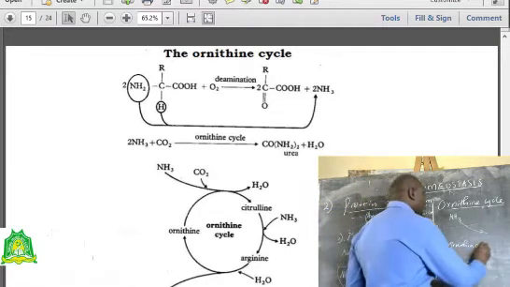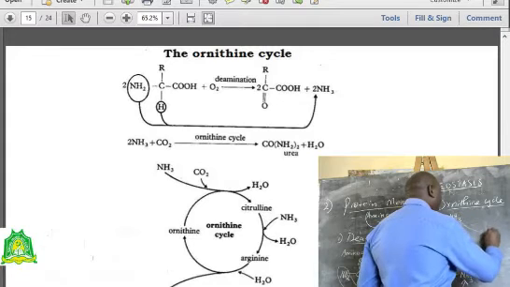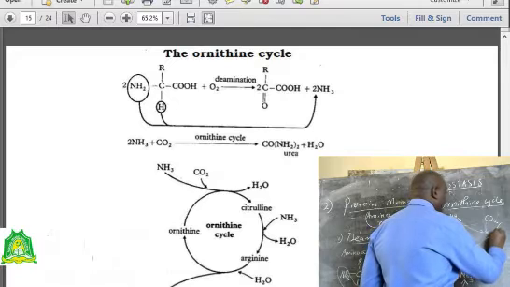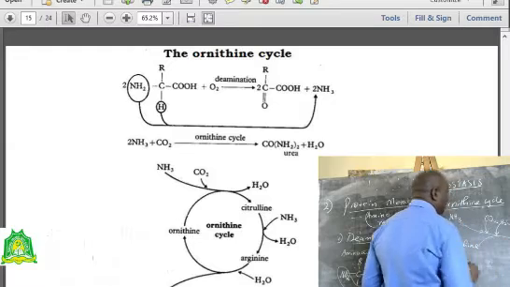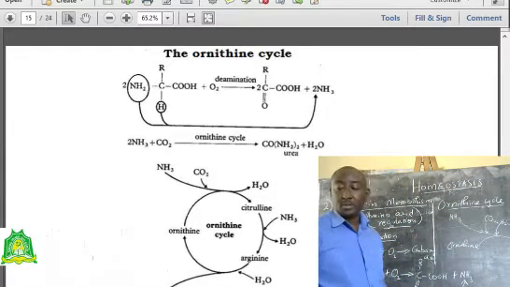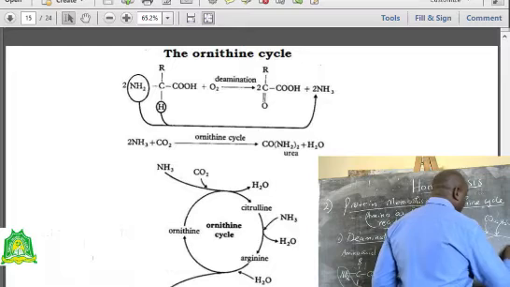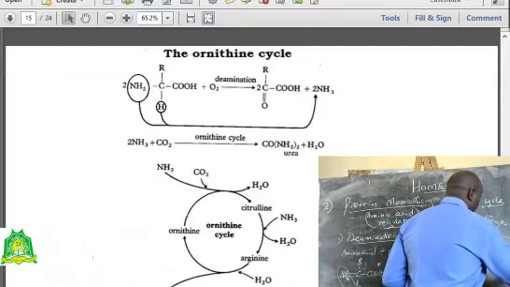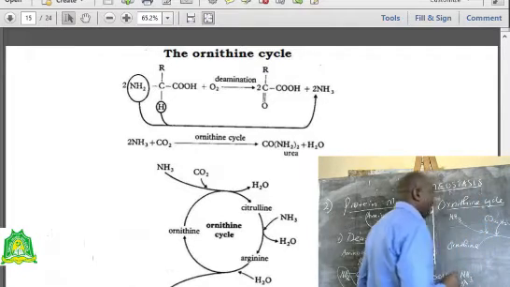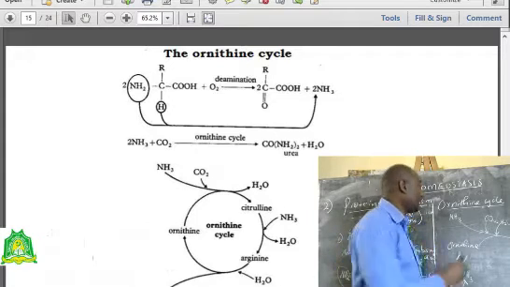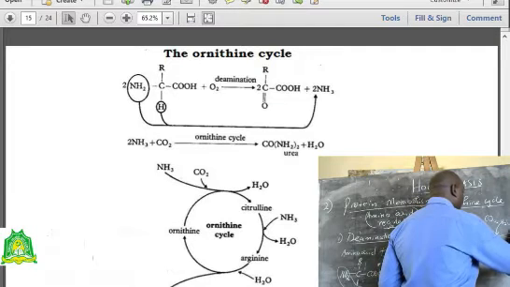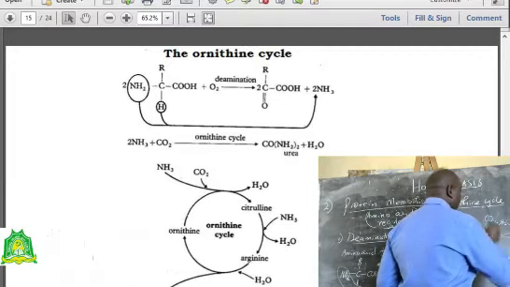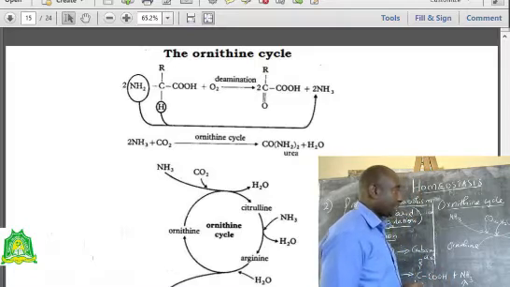But this reaction also involves carbon dioxide combining, and water is involved, to form another compound, which is also a protein, called citrulline. In that process, water is taken in, but at the same time water is also removed. So therefore, water is not stable in that process.